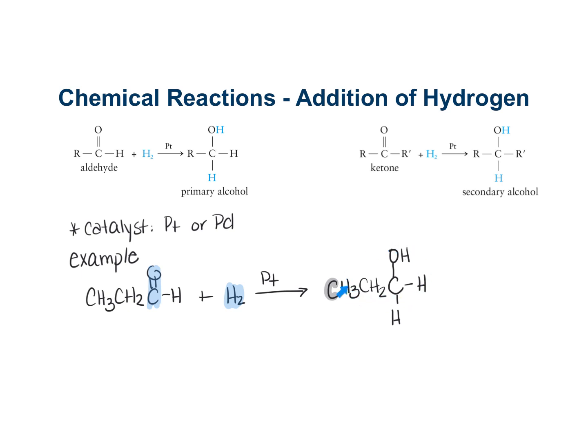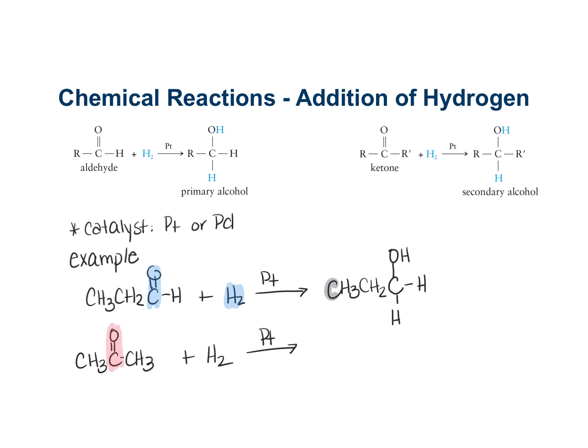This is 1-propanol. Then when we come over here to acetone, which is a ketone, and we add hydrogen with platinum, again, when you solve problems like this, you need to identify where the carbonyl group is. That's the functional group that's going to be the reactive center.